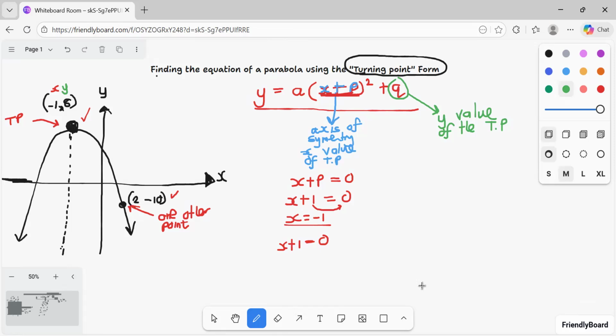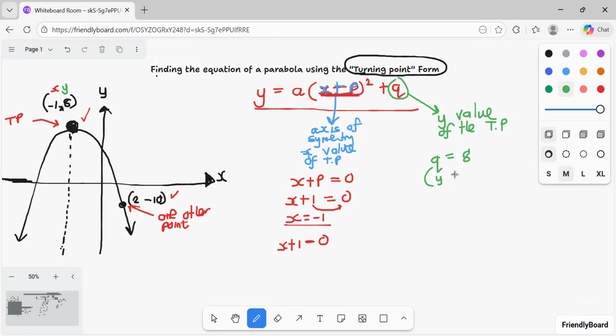So q is equal to 8, which is the y value of the turning point.